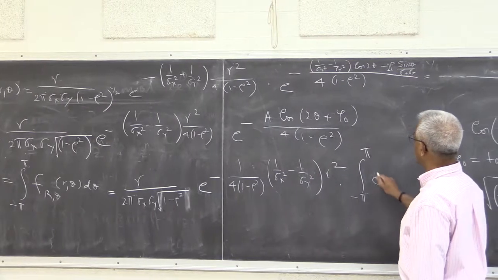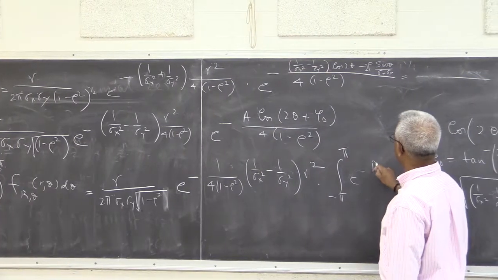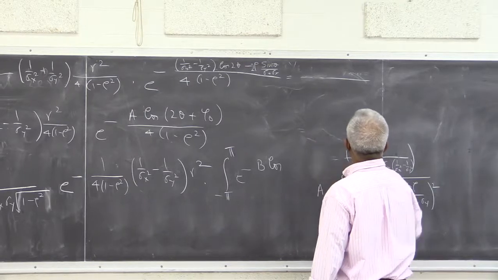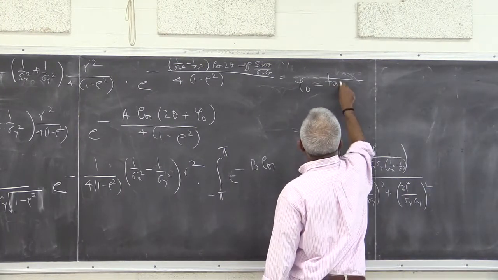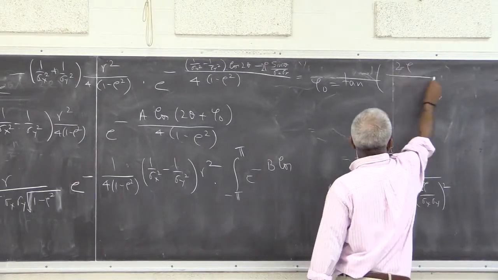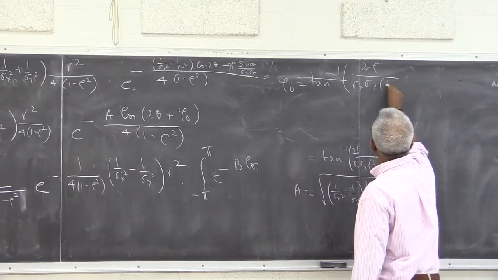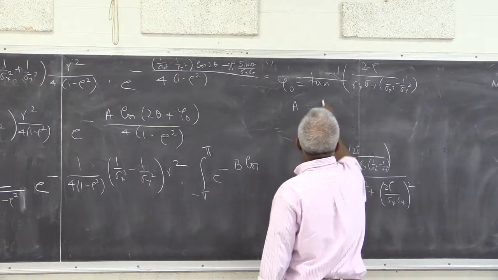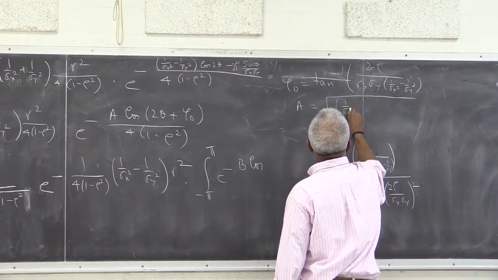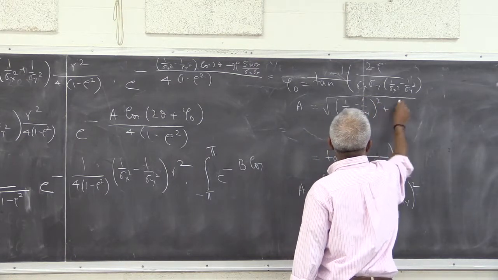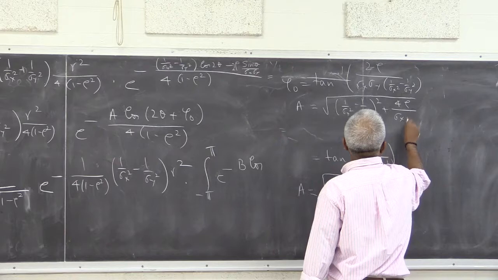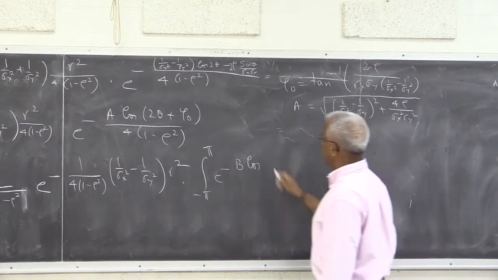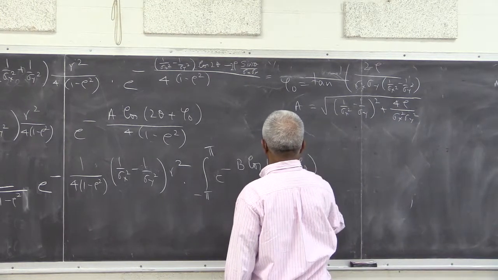this term e raised to minus, so it essentially looks like e raised to minus b cos 2 theta plus phi naught d phi.